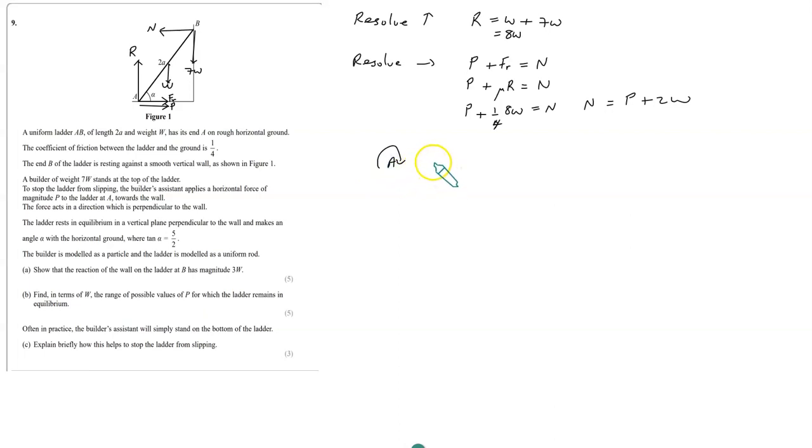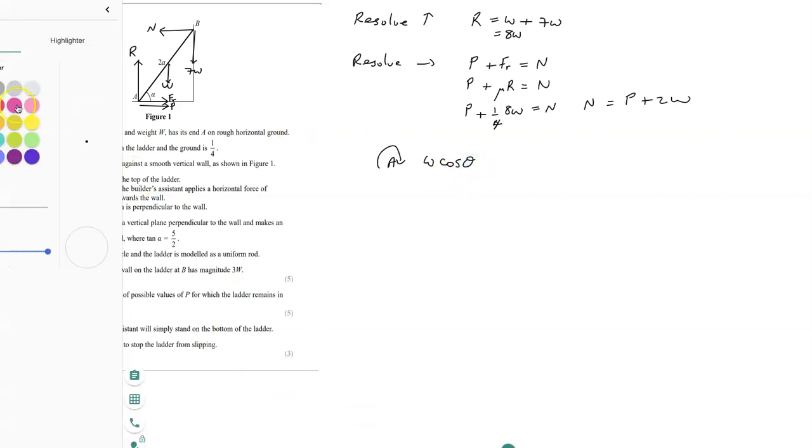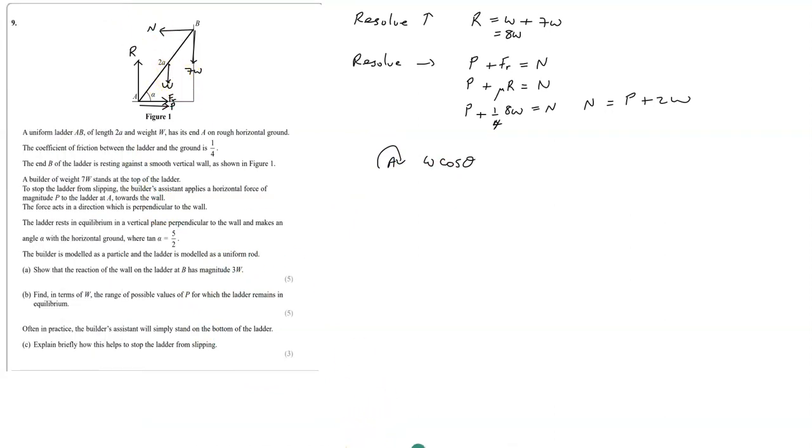we're going to have clockwise moments. That is the force of the weight of the ladder in the direction that's perpendicular to the ladder. I'll just mark it on here in a slightly different colour so we can see what's going on.